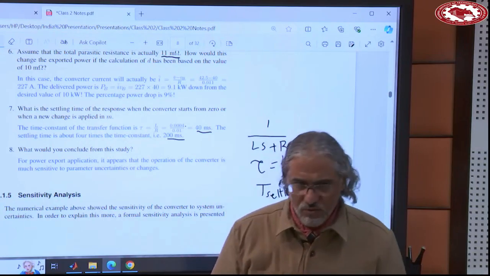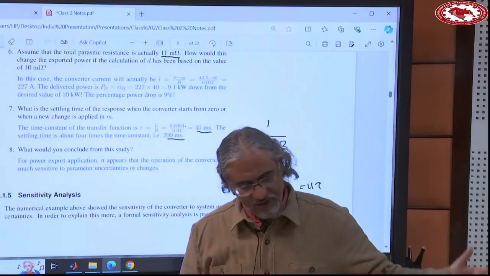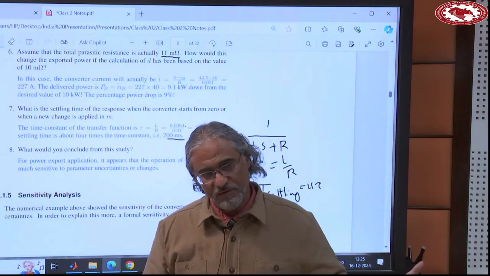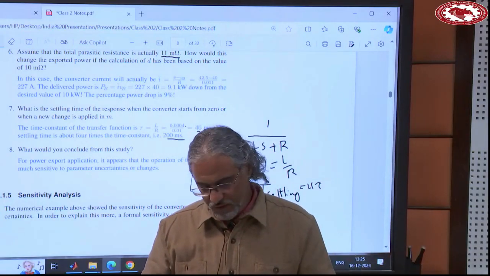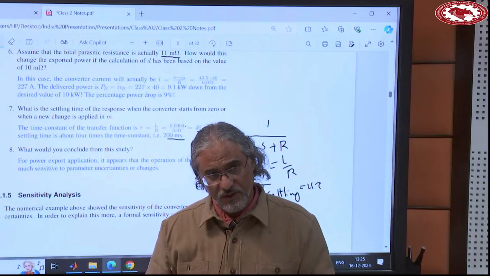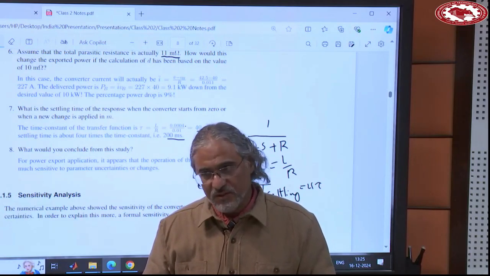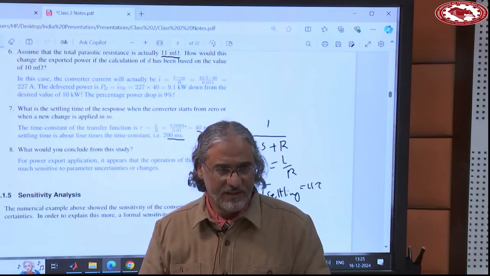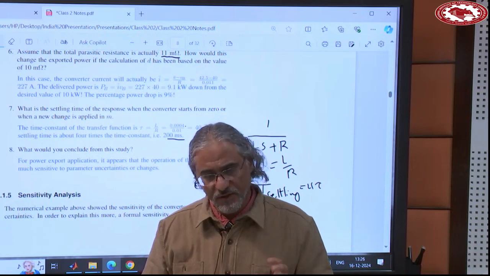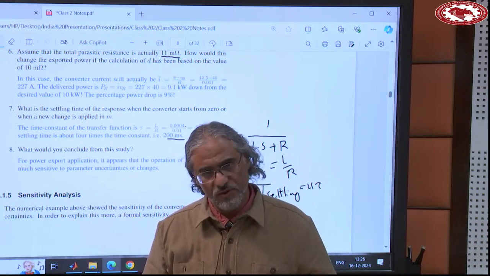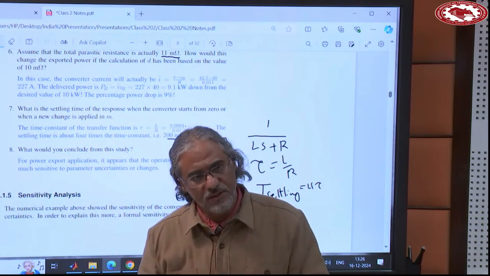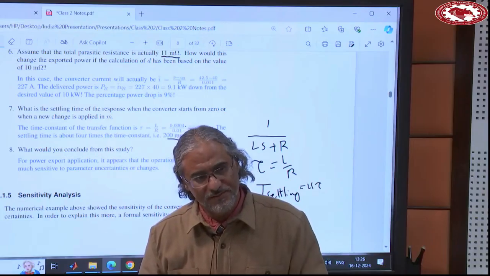So there is a situation where you can release the first converter from controlling the PV voltage and assign it to control the DC link voltage. But this scenario is not very common. The common scenario is that the first converter controls the PV voltage and the inverter controls the DC link voltage.